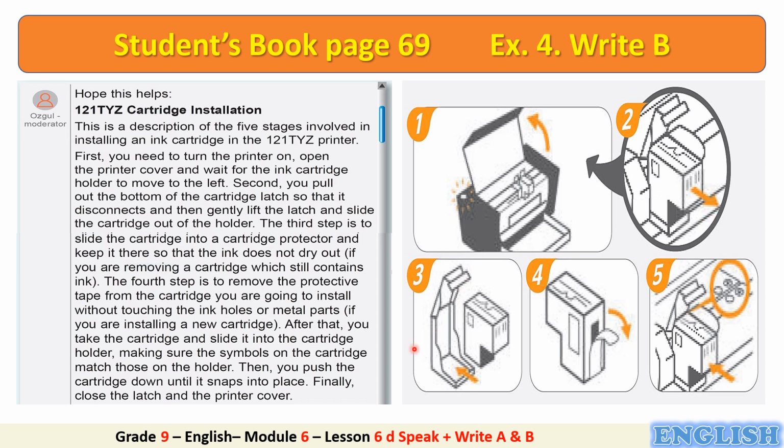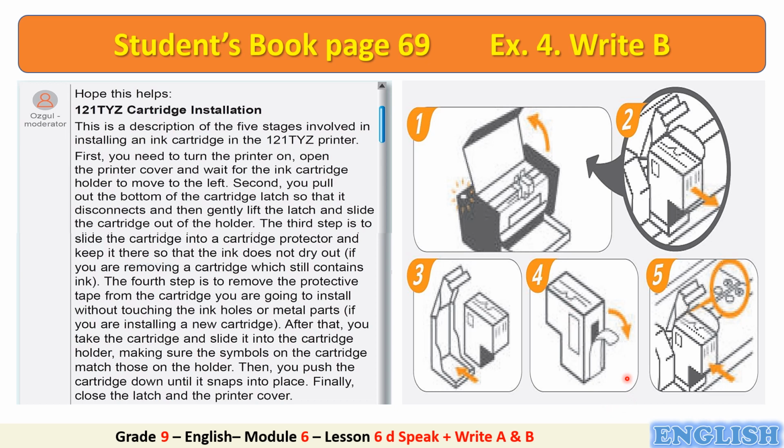The third step is to slide the cartridge into a cartridge protector and keep it there so that the ink does not dry out if you're removing a cartridge which still contains ink. The fourth step is to remove the protective tape from the cartridge you are going to install without touching the ink holes or metal parts if you're installing a new cartridge.